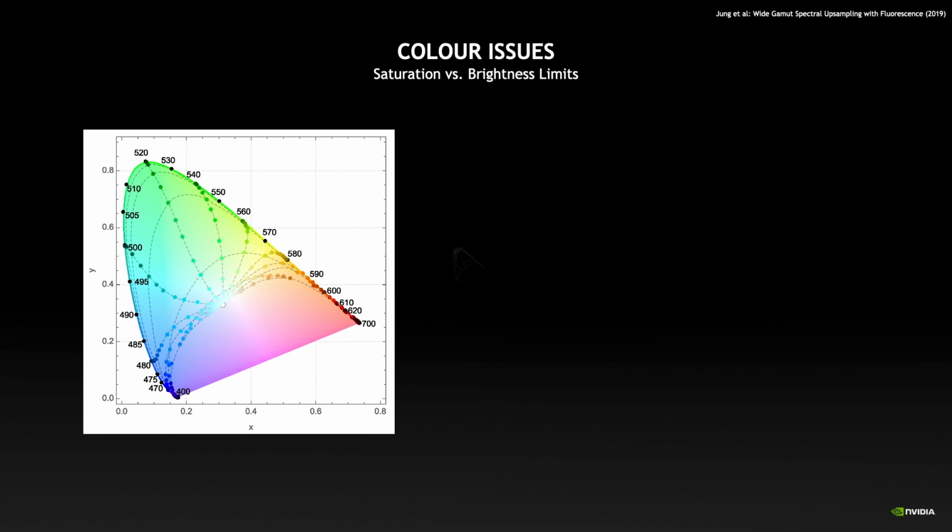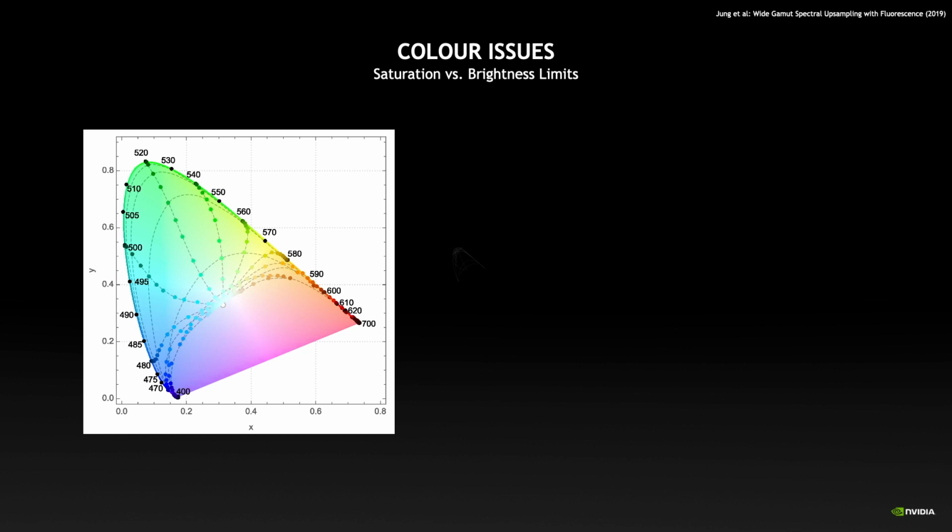So in this example here, every single dot in the chromaticity diagram represents a Gaussian spectrum. So it's a single Gaussian with various mean and various sigma. And the smaller the sigma is, the more saturated your color will become.